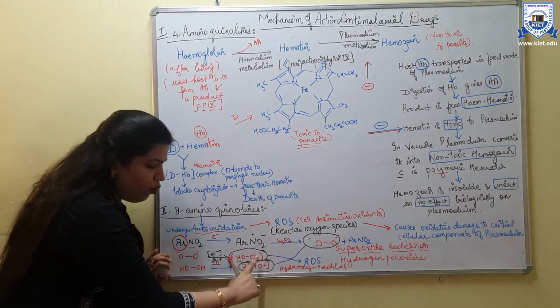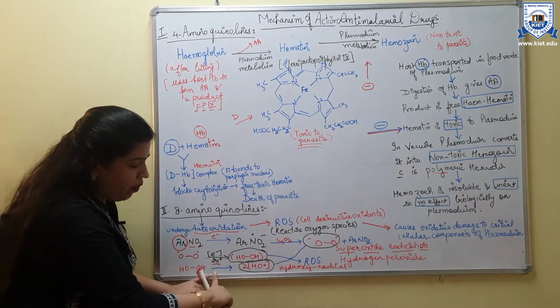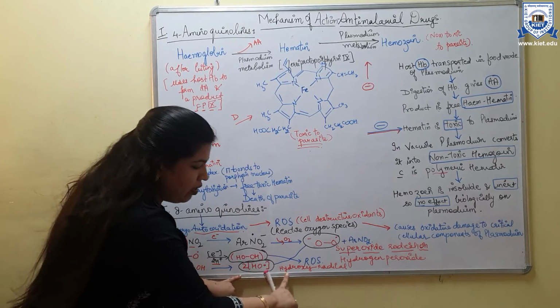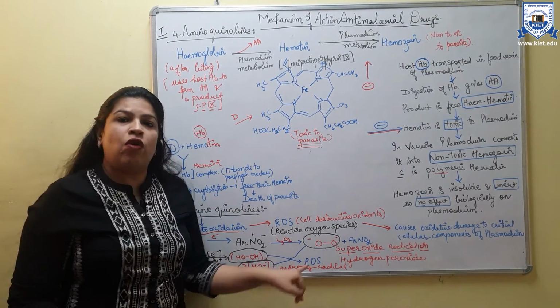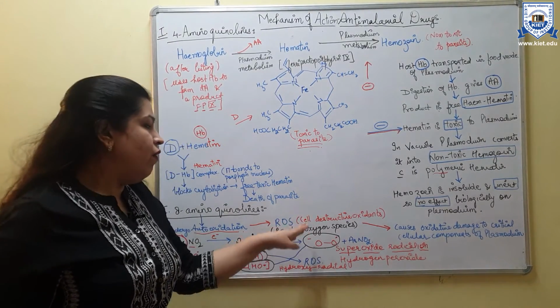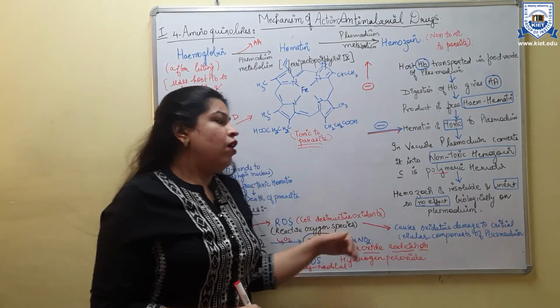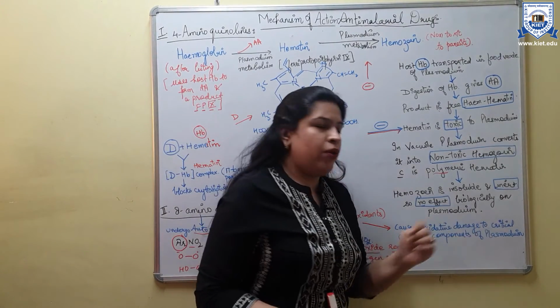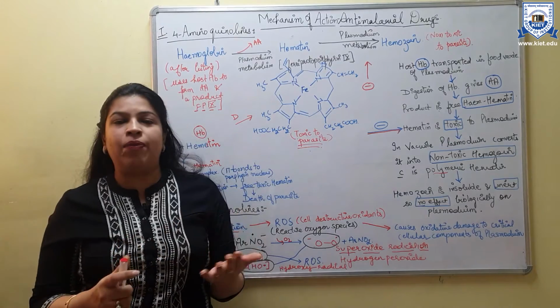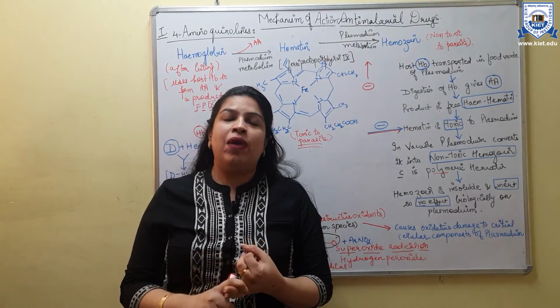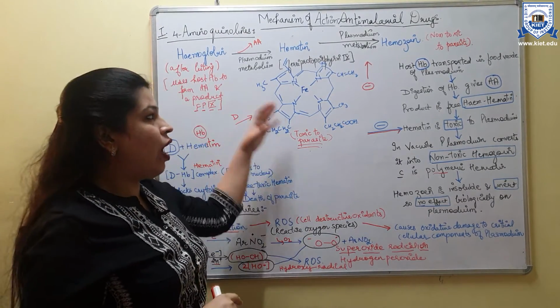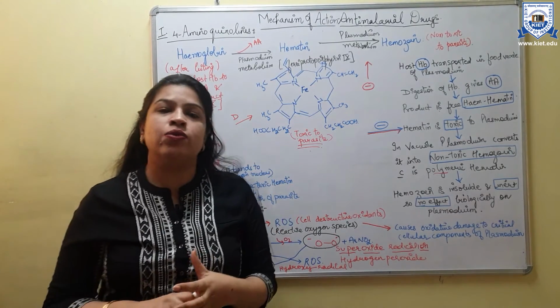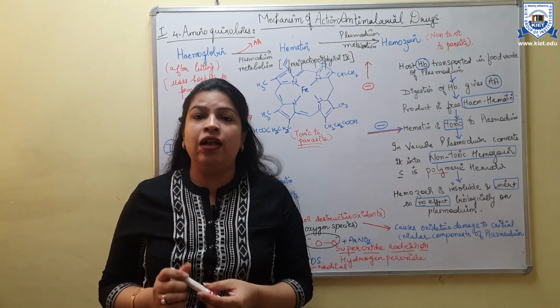Then hydrogen peroxide can itself get converted into a radical, the hydroxyl radical, which also acts as a reactive oxygen species, destroying the cellular components of the plasmodium, inhibiting its growth and making them die. So this is how the main class, the quinolines, work for the anti-malarial action.